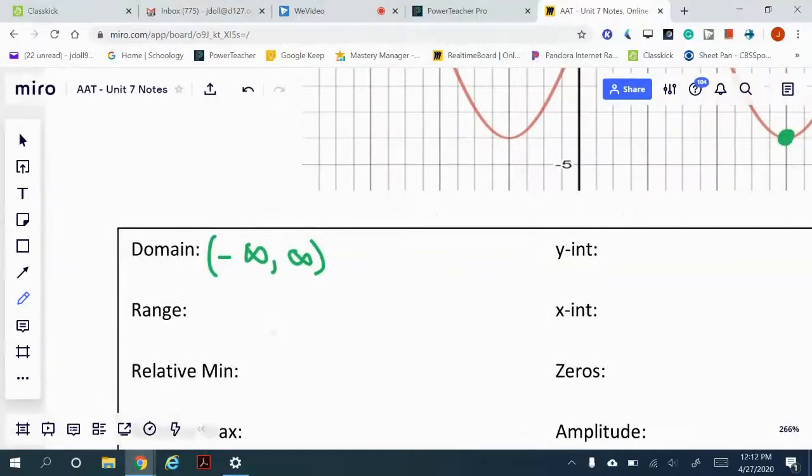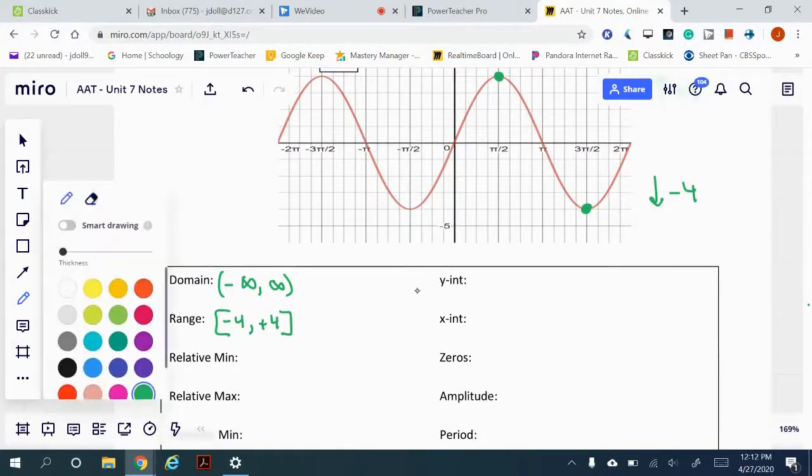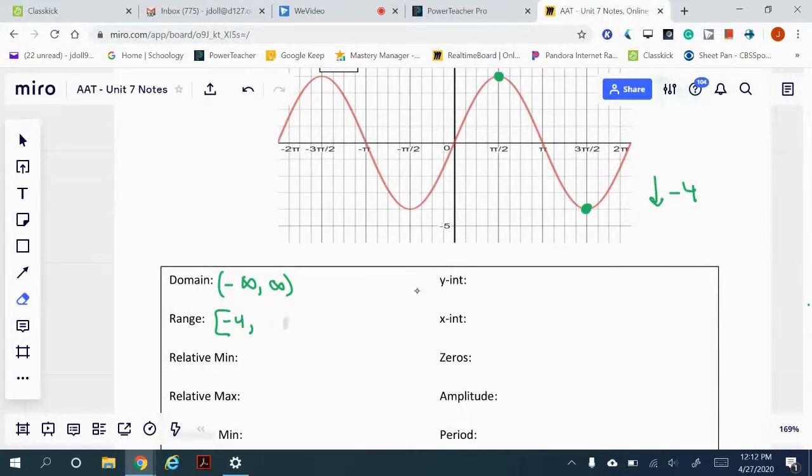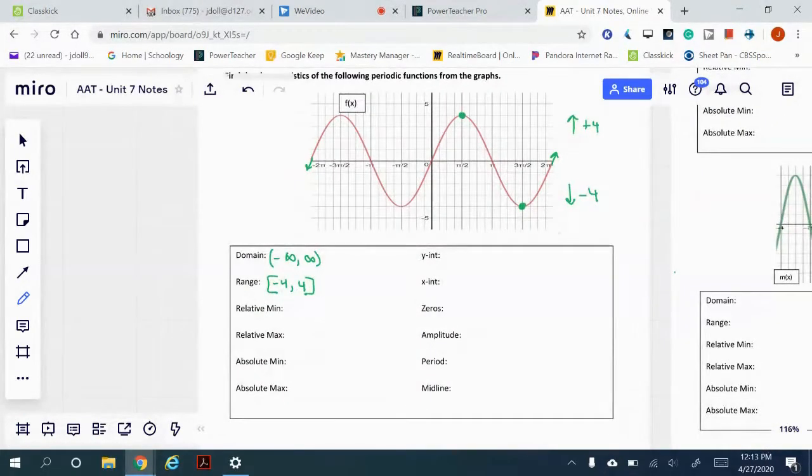So the lowest value of my range is -4, and the highest value of my range is +4. Since those values are included, we can just write [-4, 4]. That would be my range. Again, this does go forever to the right and the left, so that's why my domain is negative infinity to infinity.